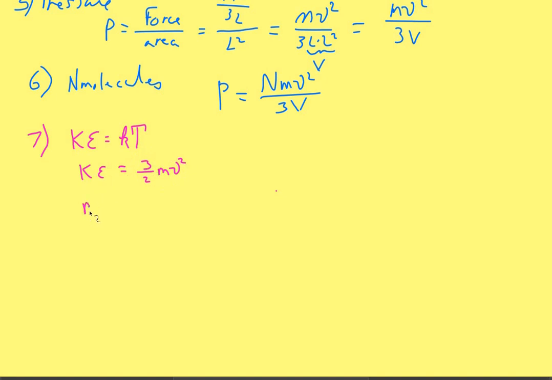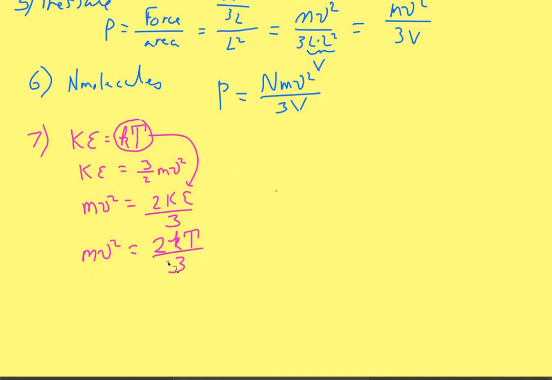Then we can solve for mass times velocity squared and see that that is 2KE over 3. And then we will substitute this in. So mass times velocity squared is equal to 2kT over 3.